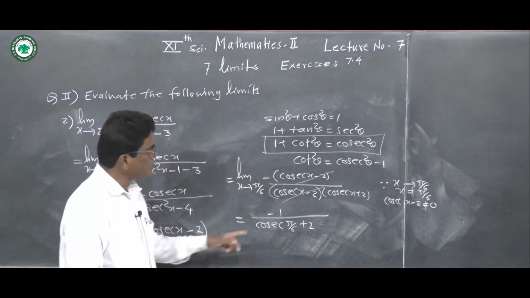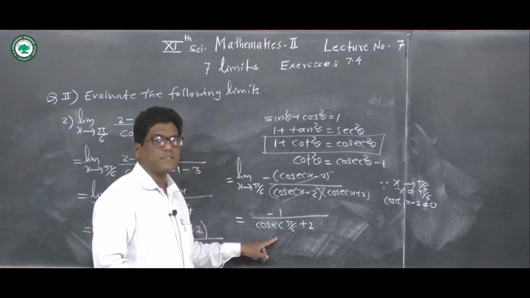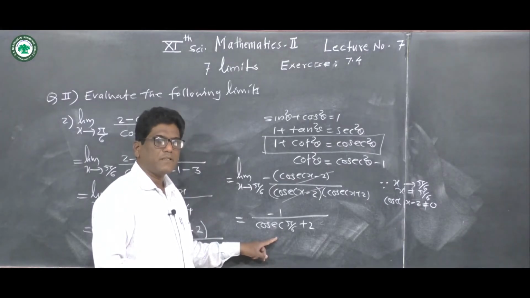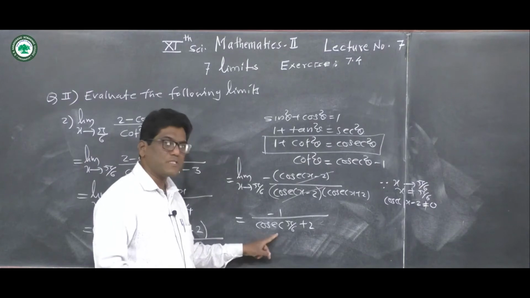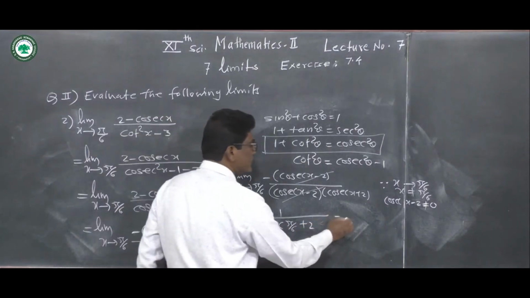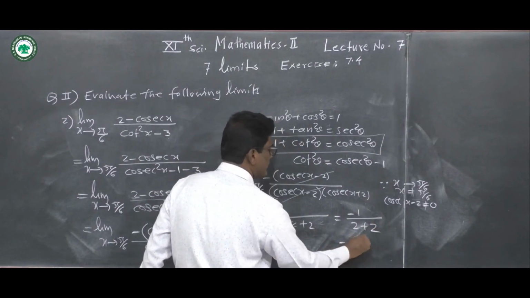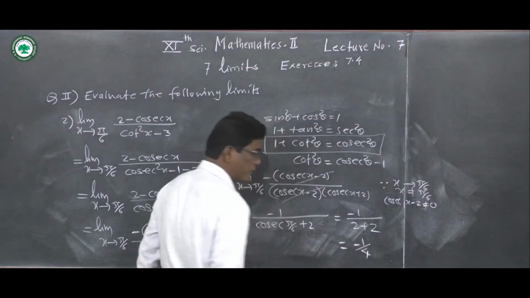Now cosec of pi by 6 means cosec of 30. Sine of 30 is 1 half, and the reciprocal of 1 half is 2. The reciprocal of sine is cosec, so cosec of pi by 6 is 2. So it is equal to minus 1 upon 2 plus 2, which is minus 1 upon 4.